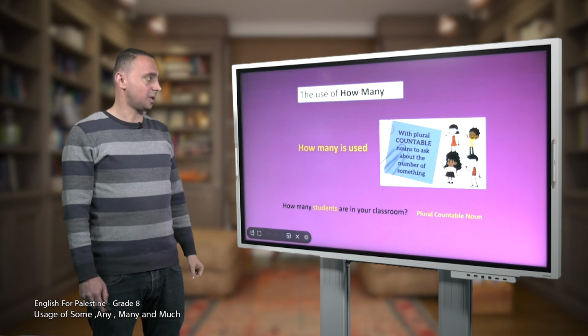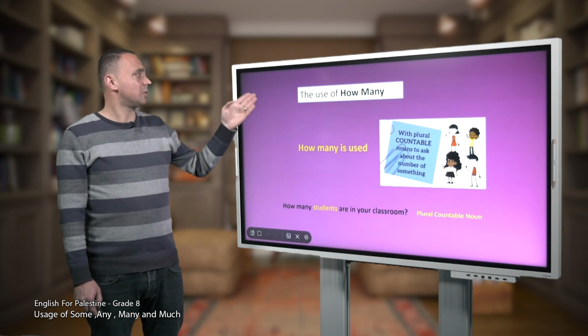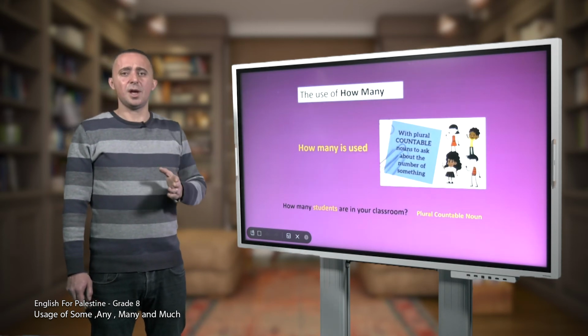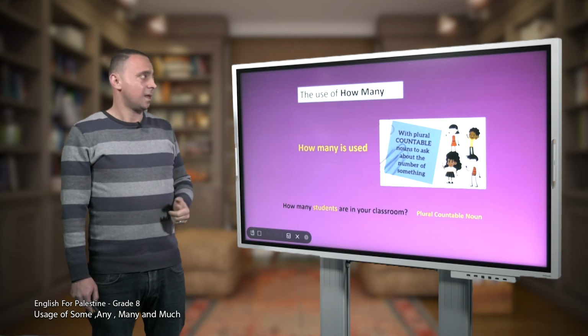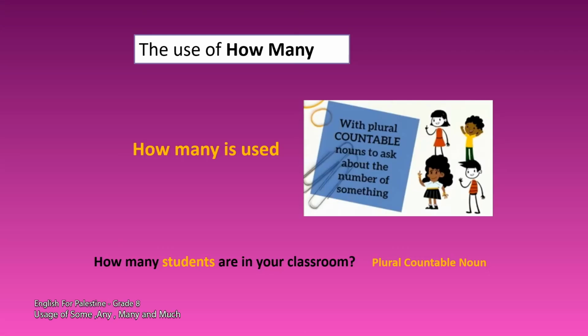Right? Let's continue. What about the use of how many? As you have just seen, dear students, how many is used with plural, countable nouns to ask about the number of something.